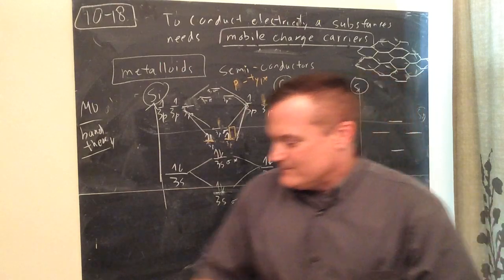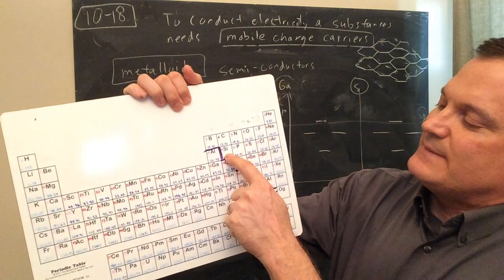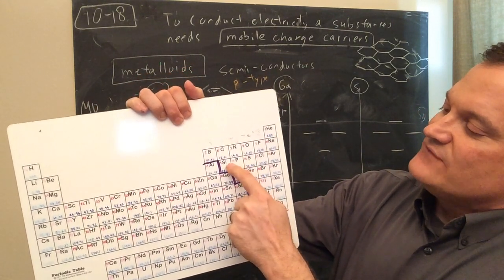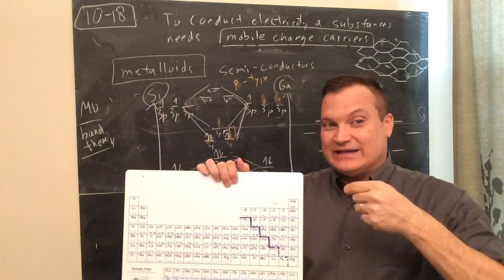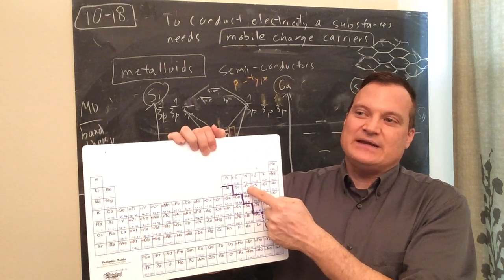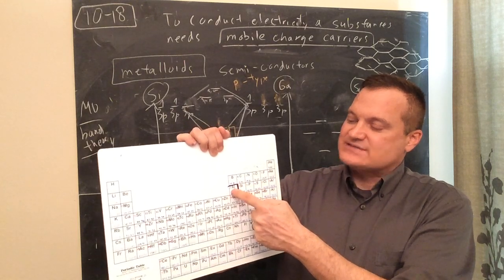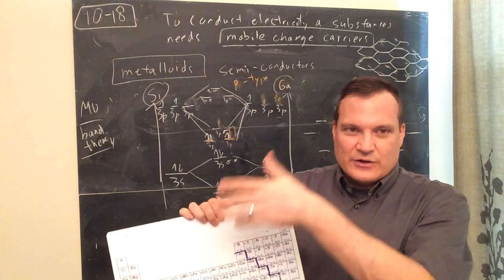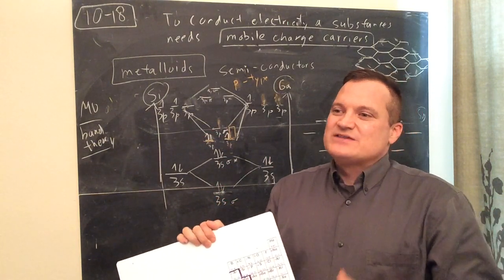But here's a real simple way to put it, like I was showing you. Say you take a metalloid like silicon. If I added phosphorus in there, phosphorus has one more electron, so you're adding an extra negative. That's an N-type, a negative type doping. If you add an atom with one less electron, like aluminum, then you're deficient of an electron, so we'll say you have a positive hole.